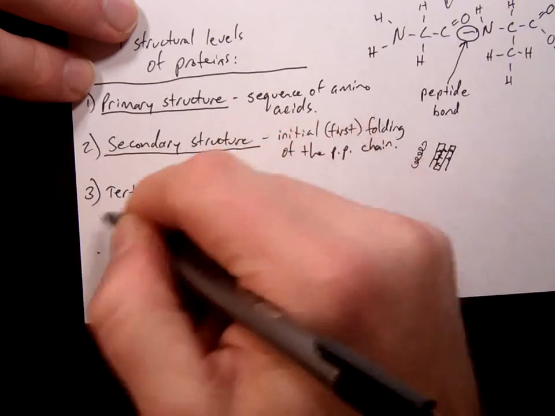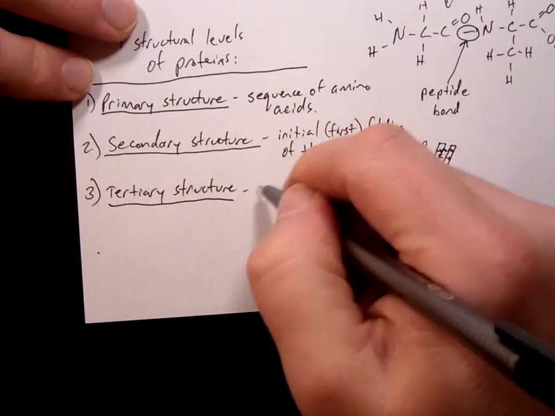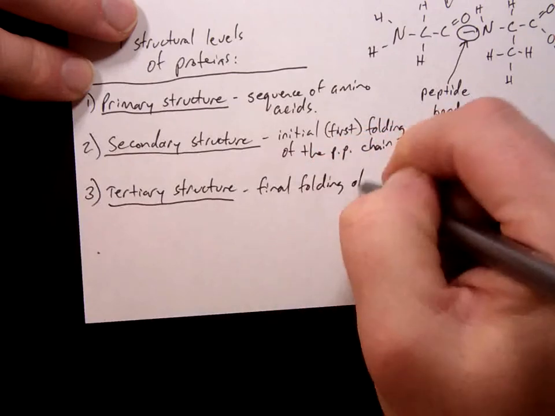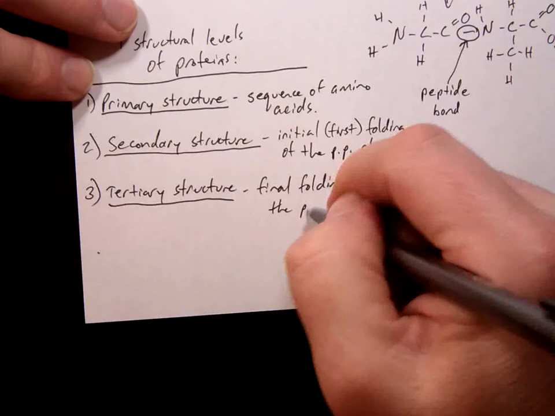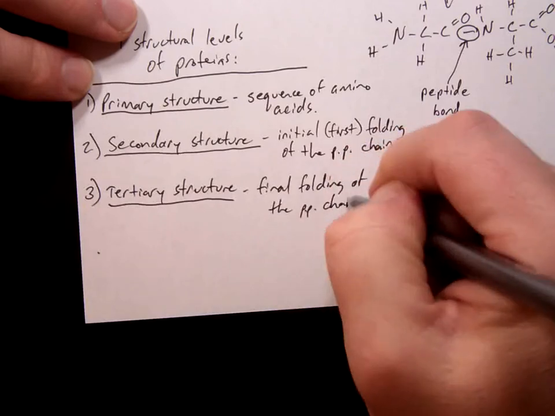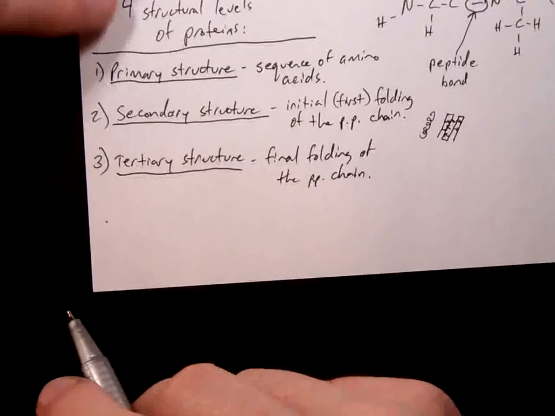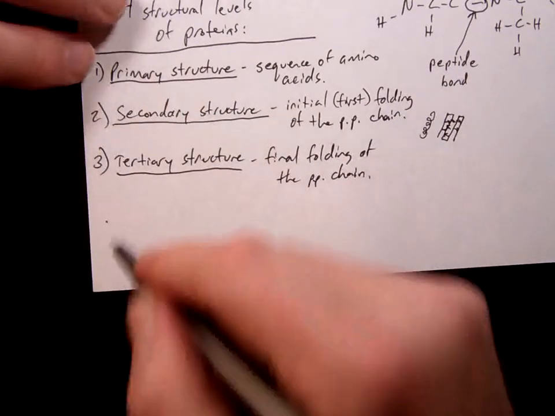As the final folding of the polypeptide chain. Okay? And that's the tertiary structure. You're like, well, how can that be final if there are 4 structural levels? Here's the reason.